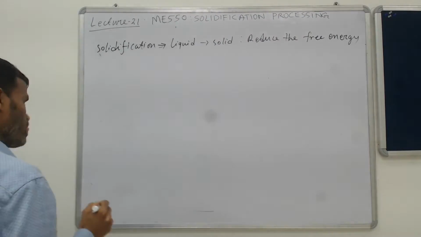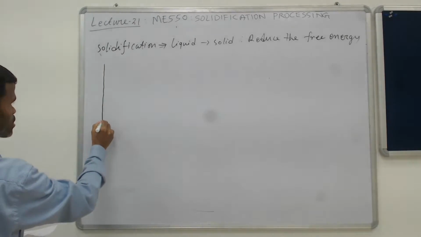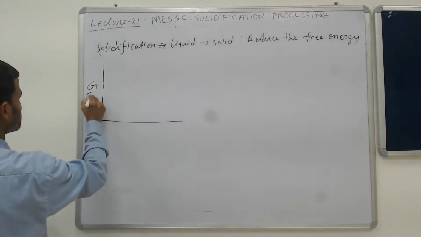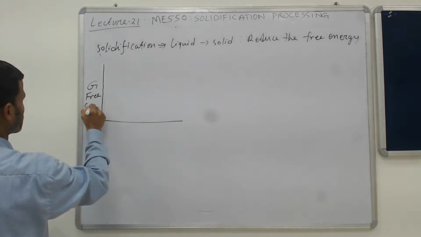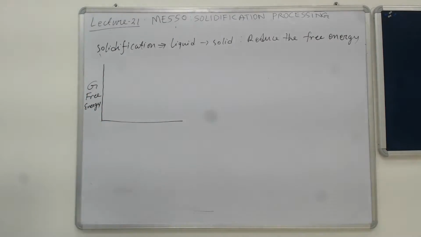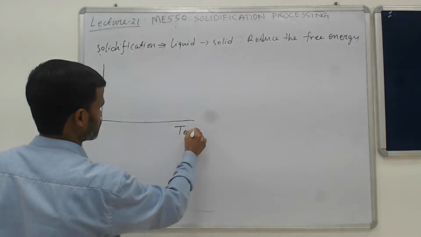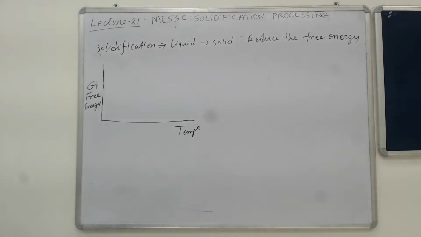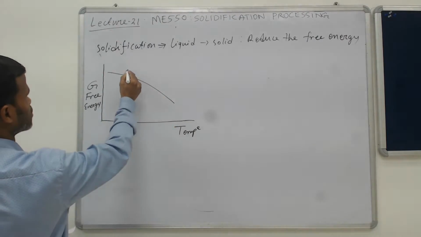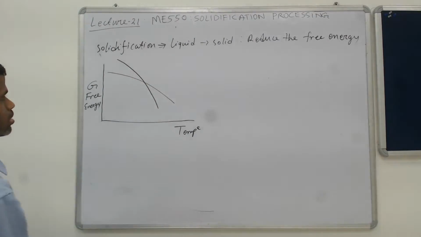So if we draw the free energy versus temperature diagram, say G is the free energy, we can consider it to be molar free energy versus temperature. So we plot the free energy versus temperature line for solid and liquid together.